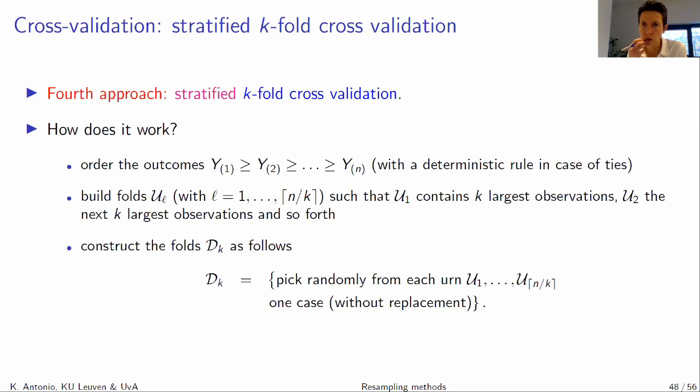So this would be a possible implementation for this stratified k-fold cross-validation. This also has a connection to what Kevin asked earlier on, like how are you going to put these training and test set together? So you could also use this kind of idea to do that.